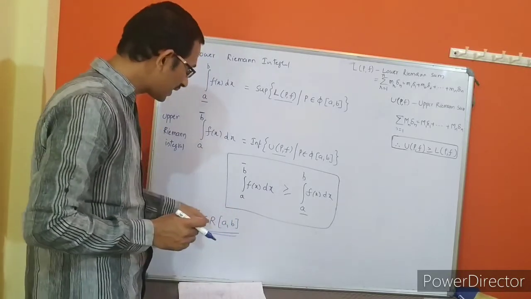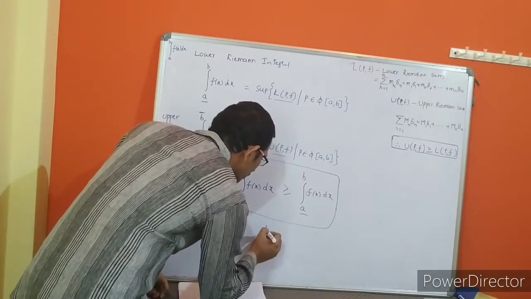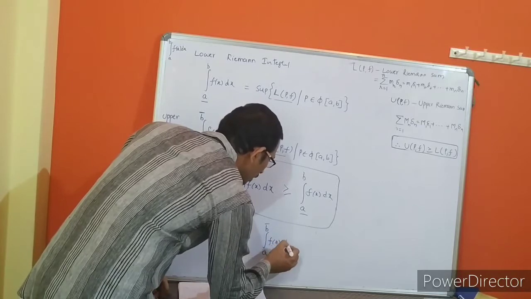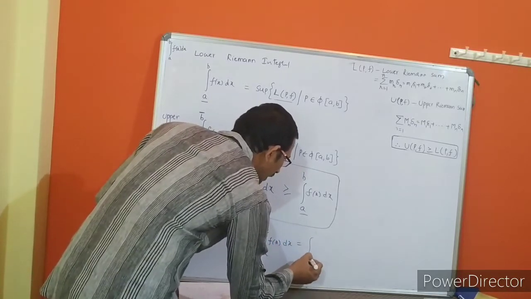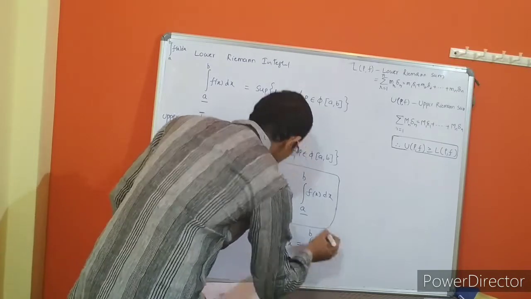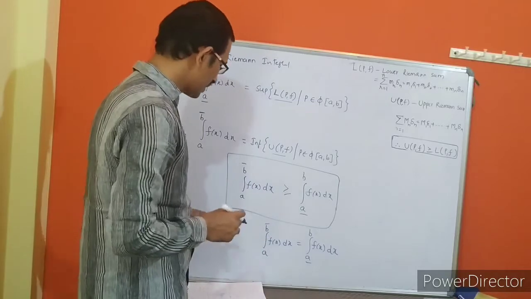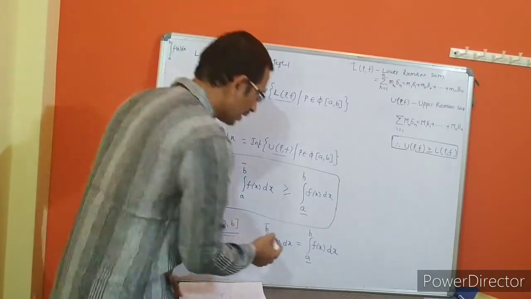When do you say that f is Riemann integrable? If the upper Riemann integral value and the lower Riemann integral value are equal, then we say that f is Riemann integrable on the closed interval [a, b].